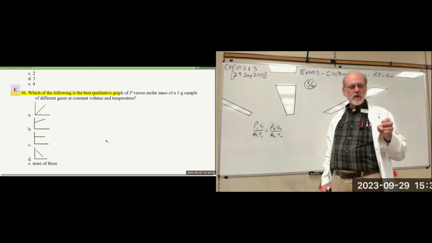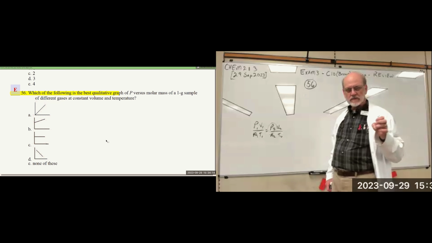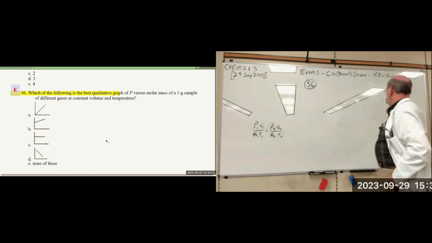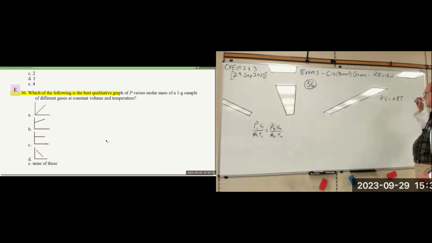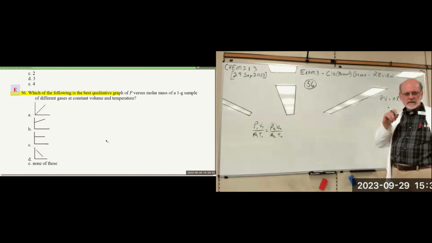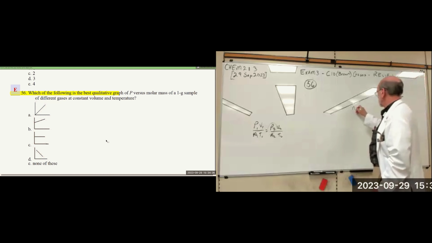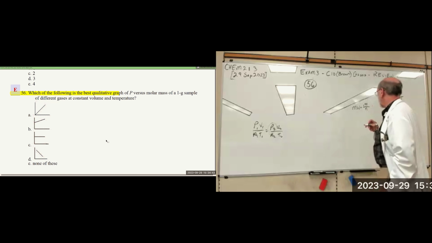Okay, so we want a relationship between pressure and molar mass. I know this relationship right here. And molar mass equals mass per unit mole.